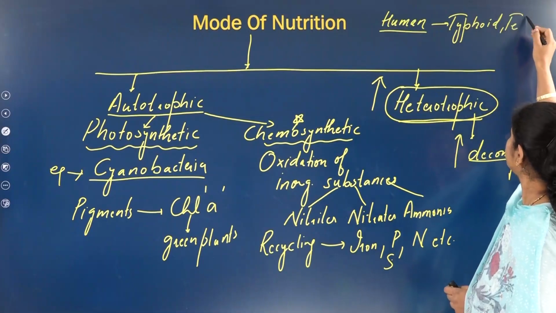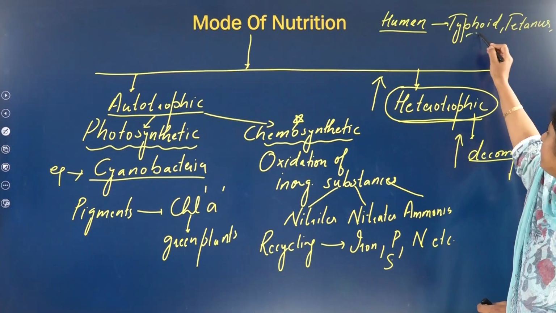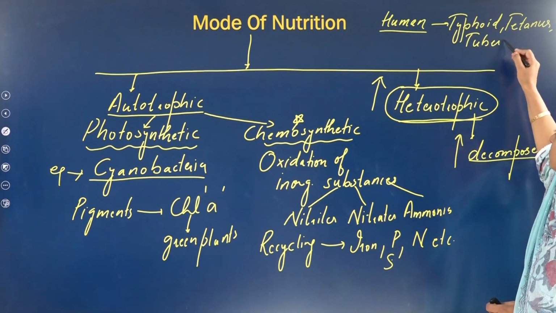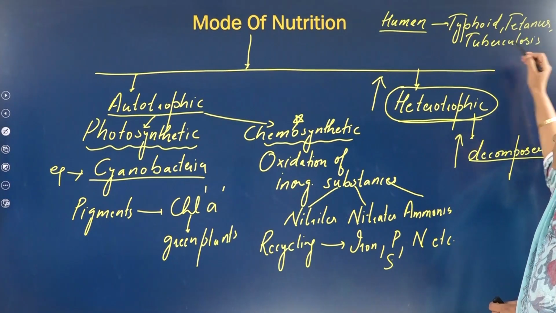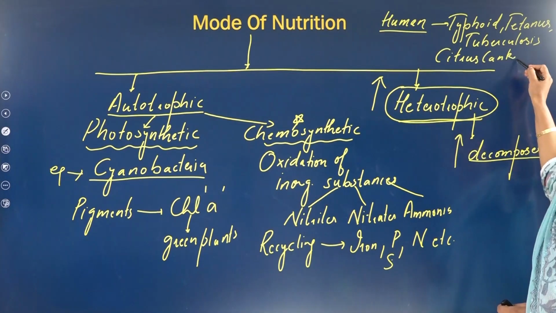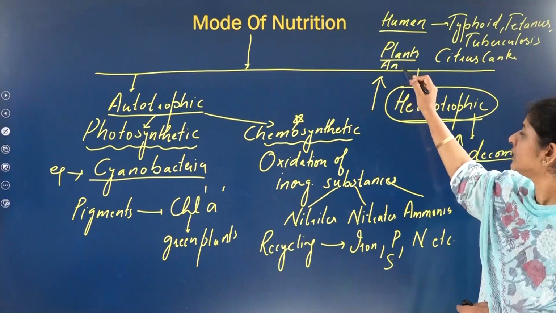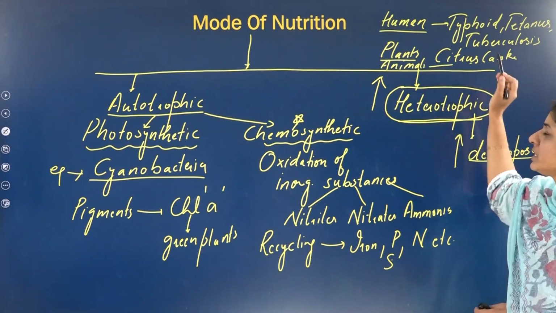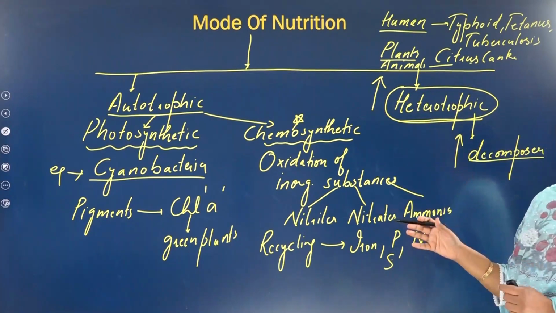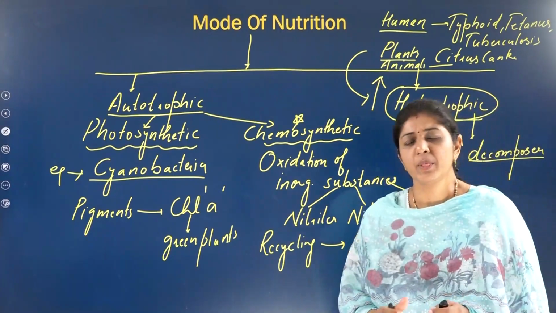Even tetanus will be caused by this, right? And even tuberculosis. In plants, you will find citrus canker. This is in case of the plants. And even in case of animals, they can cause a number of diseases. So this is pathogenic. This role also comes under heterotrophic, right?